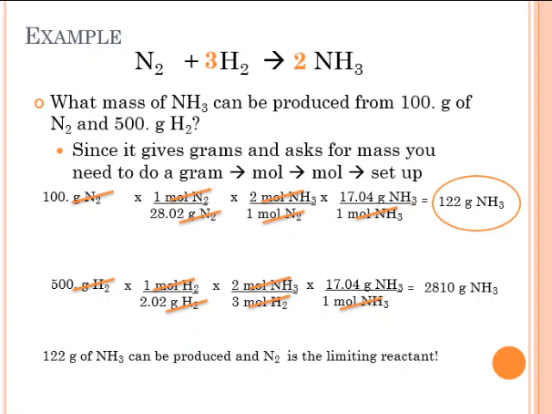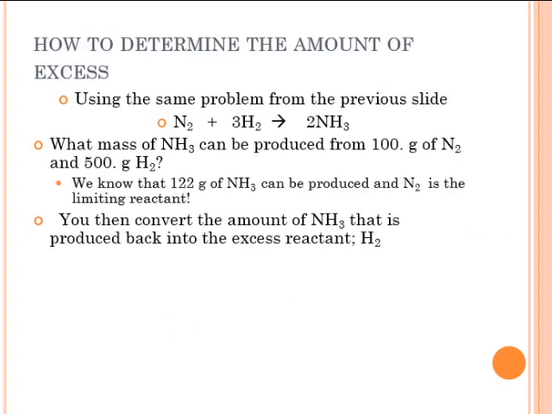So the most we'll be able to make at this point is 122 grams of ammonia. So now we're going to start there, and this is determining how much hydrogen is going to be left, okay? So we're going to start with our 122 grams of ammonia. We know that's the most ammonia we can ever make at this point. That's all we can make. We're going to have all this hydrogen left, but there's no nitrogen there to react with it, okay?